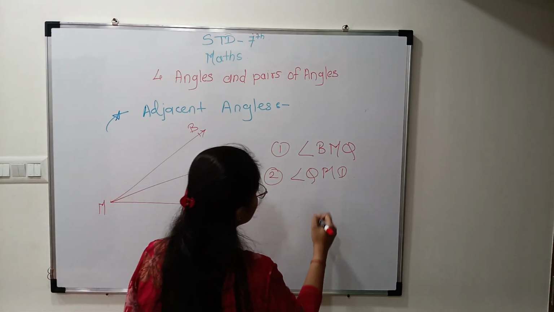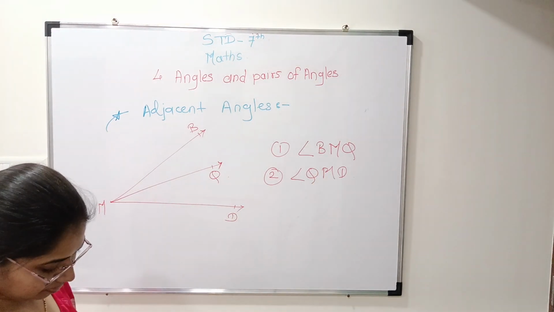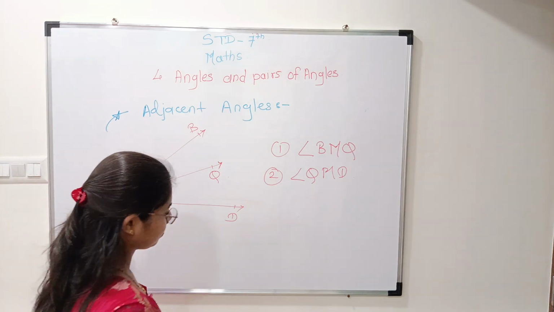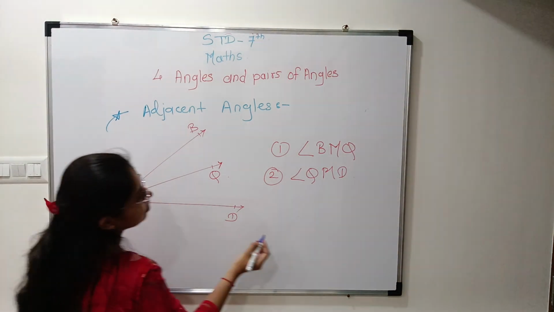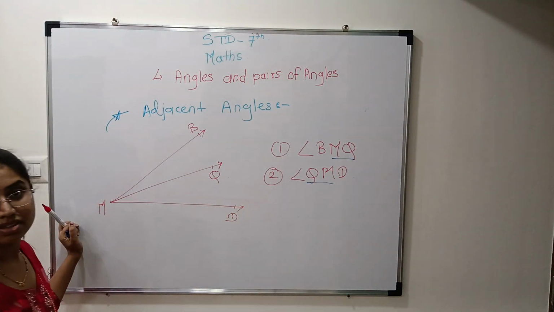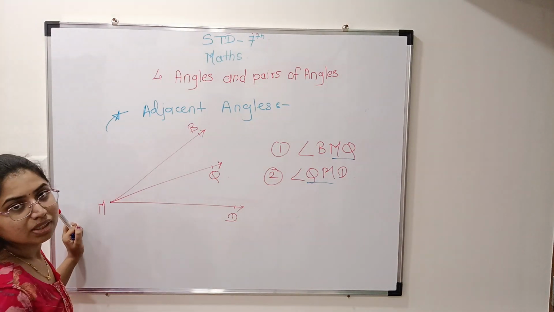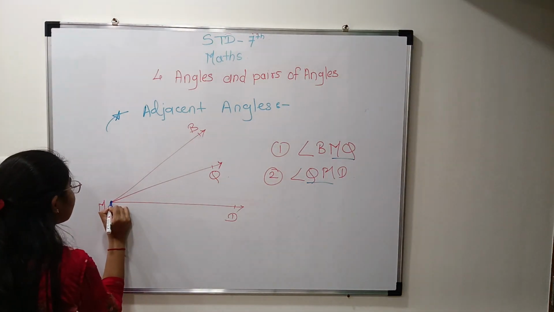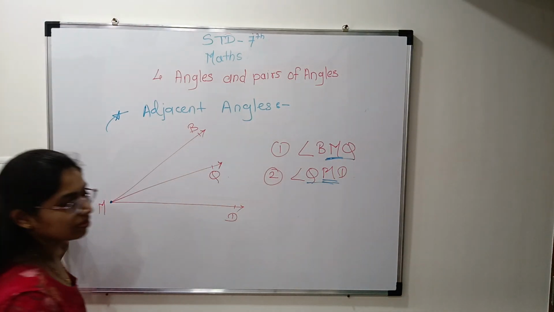Now what is common in these 2 angles? See here, this arm MQ is common in both the angles, arm MQ, and this vertex or end point is also common.